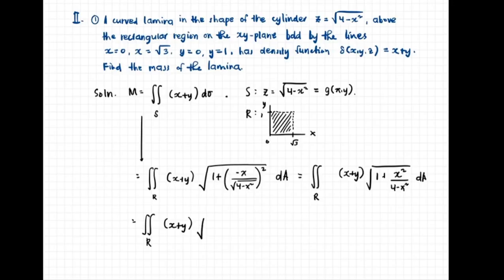So that would be the square root of 4 for the numerator divided by 4 minus x squared for the denominator dA. And so we want to compute the double integral over R of 2 times x plus y divided by the square root of 4 minus x squared dA.